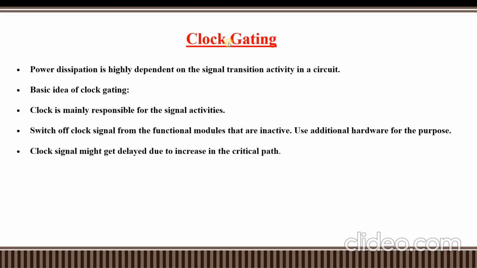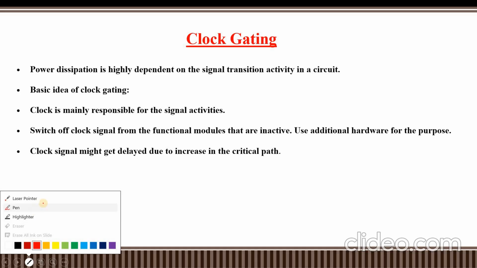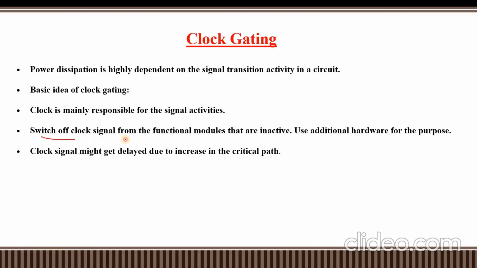So let's see the first technique, that is clock gating. This clock gating technique is used to reduce the dynamic power dissipation. The basic idea of clock gating is we have to switch off the clock signal from the functional modules that are inactive. So if there are inactive modules, for those modules we switch off the clock signal so that we can minimize the dynamic power dissipation.